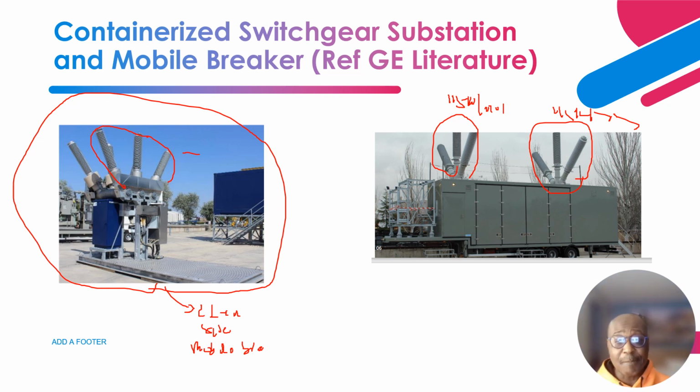If it's going to an environment where there's very high contamination, high dust, and especially the refineries where you have a lot of oil waste, and also the mining areas, then it becomes an industry where you can utilize containerized switchgears, mobile switchgears.